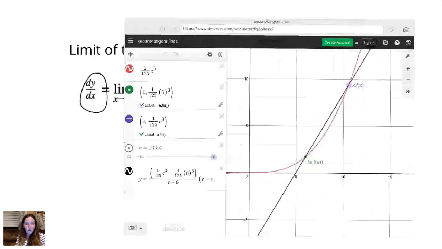And what I want to do is take that top point, that x, f of x, and try to slide it. Here we go. Right, so I basically want to slide it.